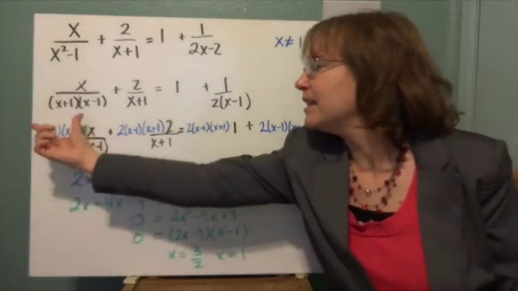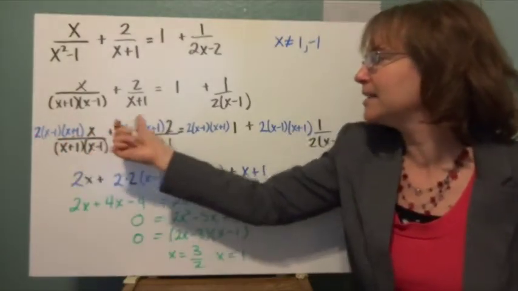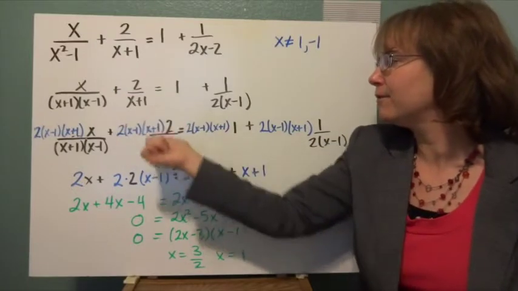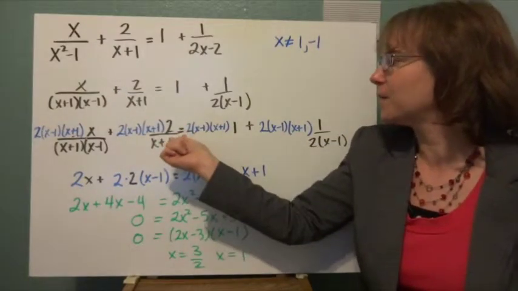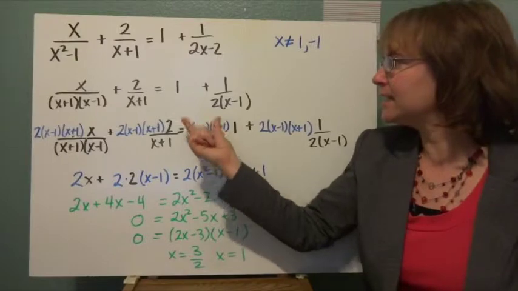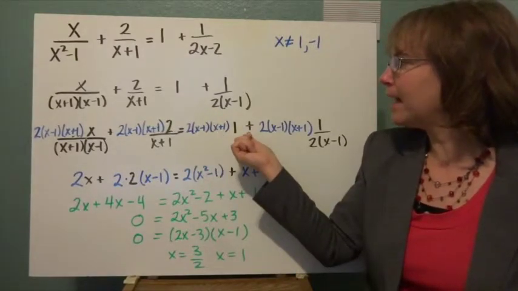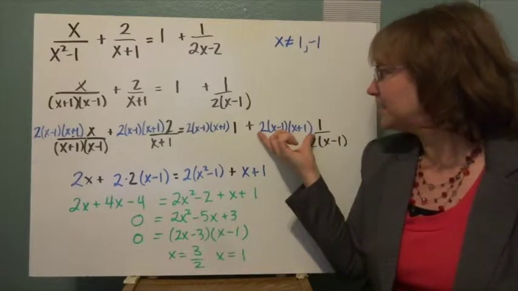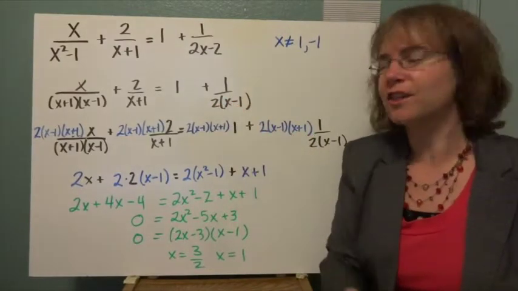I have this right here plus my least common denominator times my second fraction right here, my second rational expression, is equal to this times 1 plus this, my least common denominator, times this rational expression.